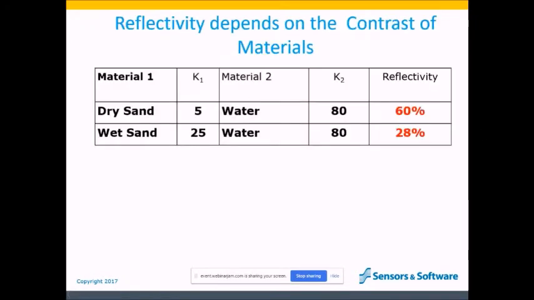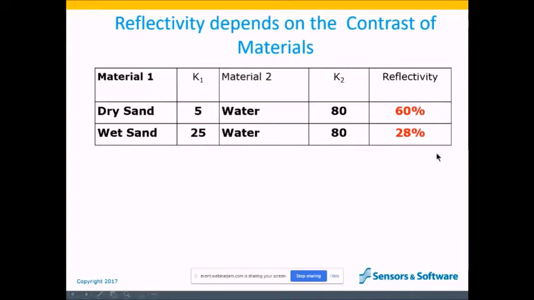Let's talk about the opposite situation, a water-filled non-metallic pipe. Not surprising, it's the exact opposite. There is more contrast between dry sand with a K of 5 and the water in the pipe with a K of 80, than there is between a wet sand with a K of 25 and the water in the pipe with a K of 80.